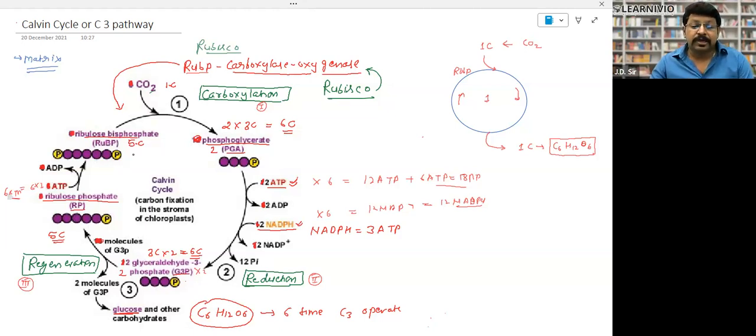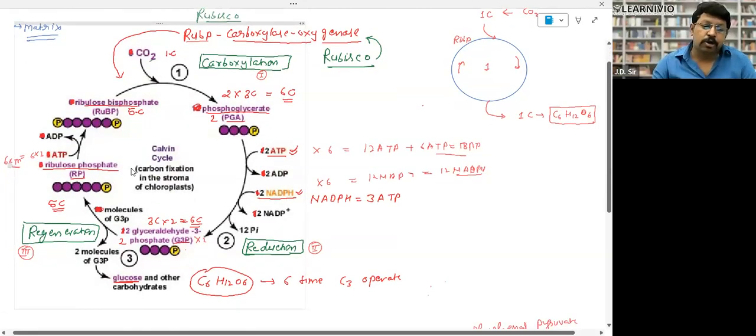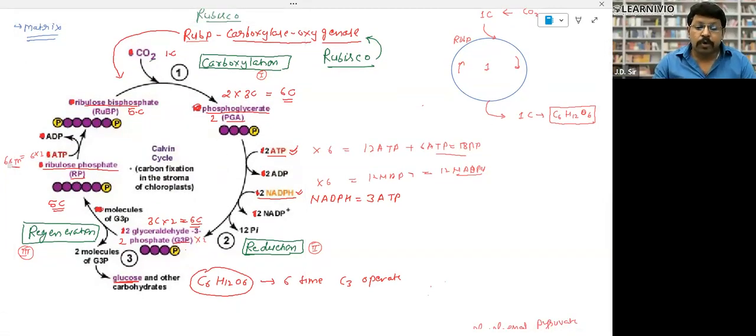Due to this, reduction takes place and from phosphoglycerate, 2 molecules of glyceraldehyde phosphate are formed. In short, this is called G3P. So 2 molecules of G3P are formed, also 3 carbon compounds. 2 threes are 6, so total 6 carbon compound.